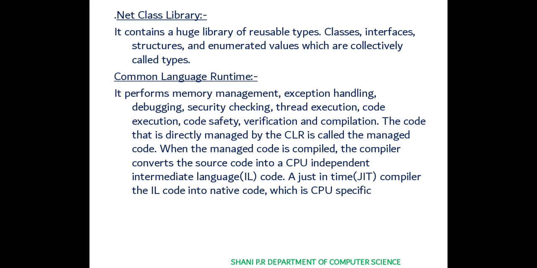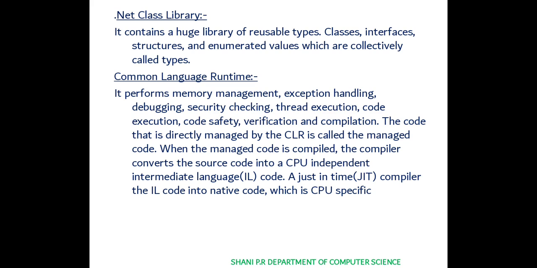The code that is directly managed by the CLR is called managed code. When the managed code is compiled, the compiler converts the source code into a CPU independent intermediate language, which is nothing but IL code.